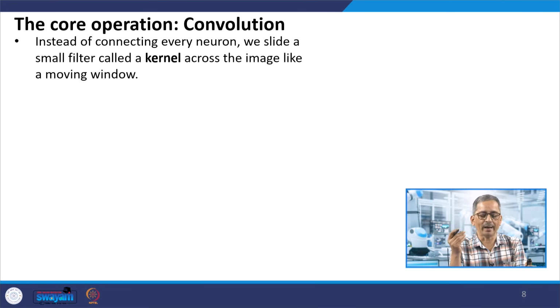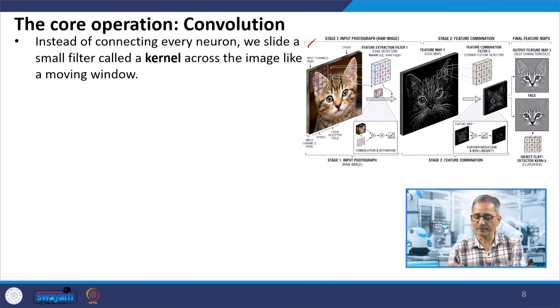Instead of connecting every neuron, we slide a small filter called a kernel across the image like a moving window. For example, this is my input image, and of course, it has 3 channels corresponding to RGB.